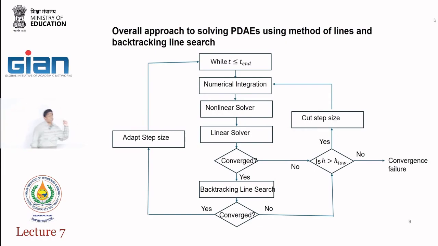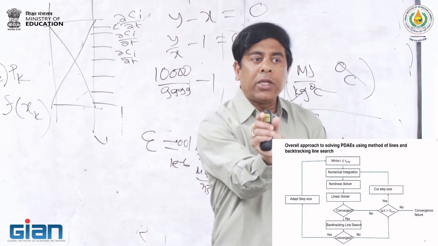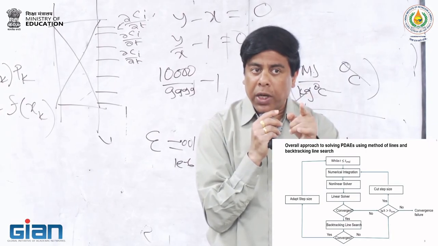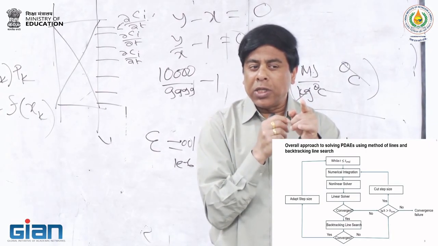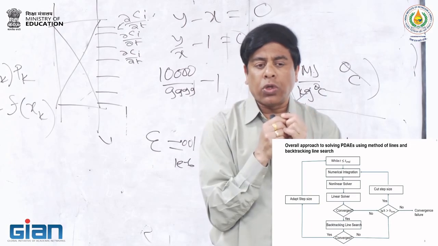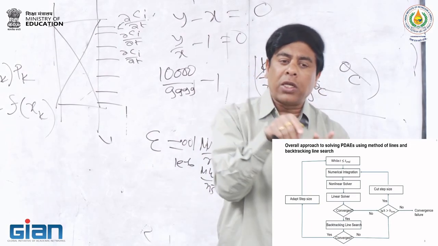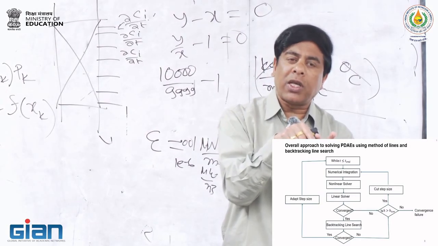Then the first thing it checks is whether h, the time step, is still higher than the limit that you set. Say it was trying to take a step of 5 minutes. Then it basically says, sorry, with 5 minutes I could not solve. Let me try a lower value, but did you set the lower limit at 5 minutes itself?